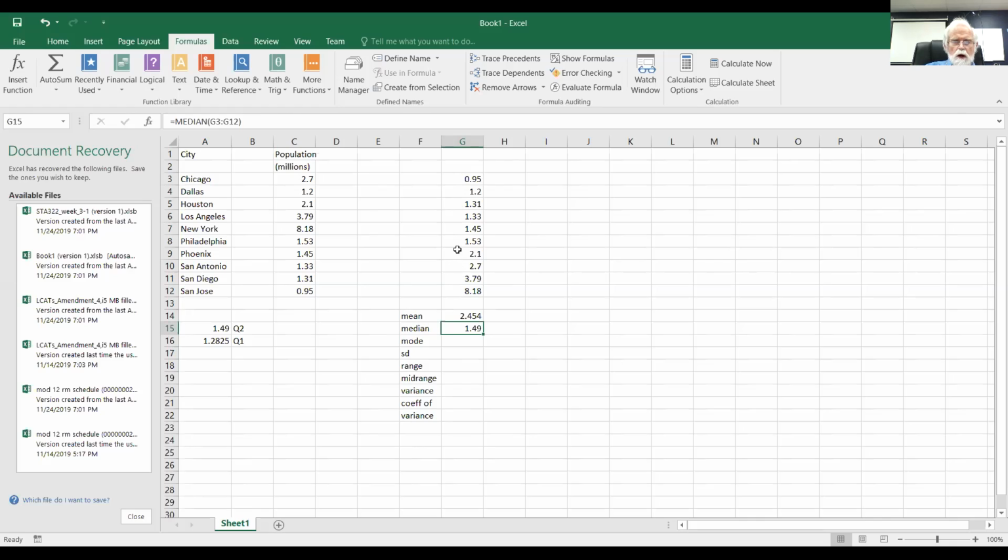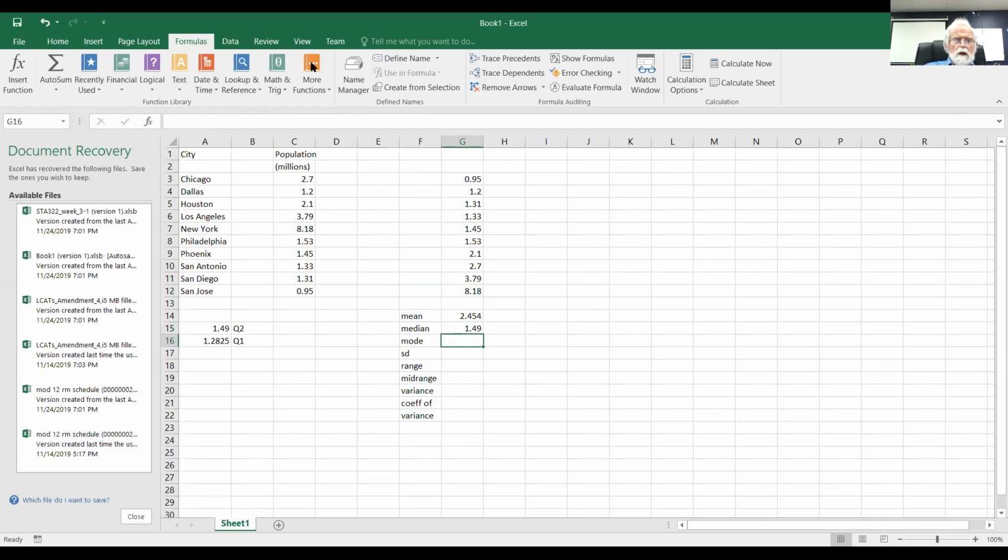The next 2 are between 2.1 and 2.7. Then we jump to almost 4 and over 8. So what we're looking at here is a data set that has some extreme values. So we'll get back to that.